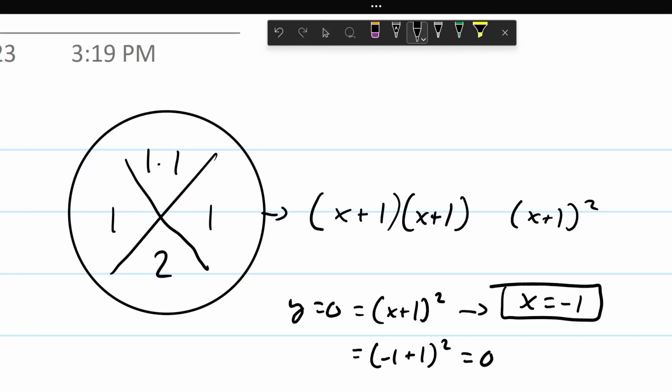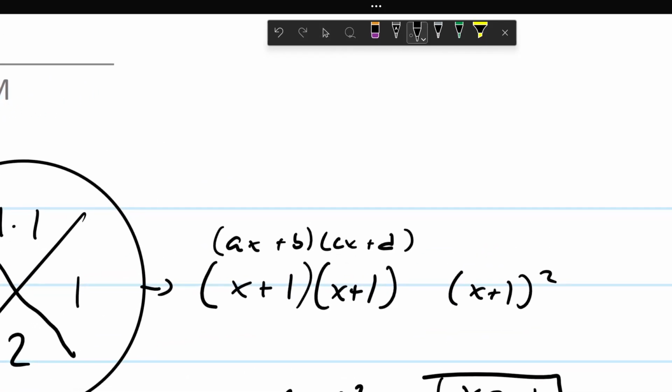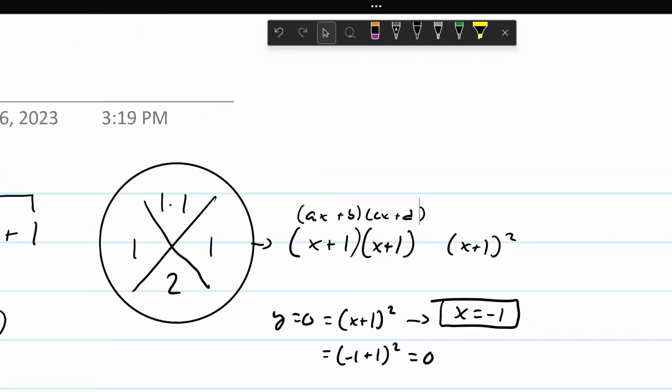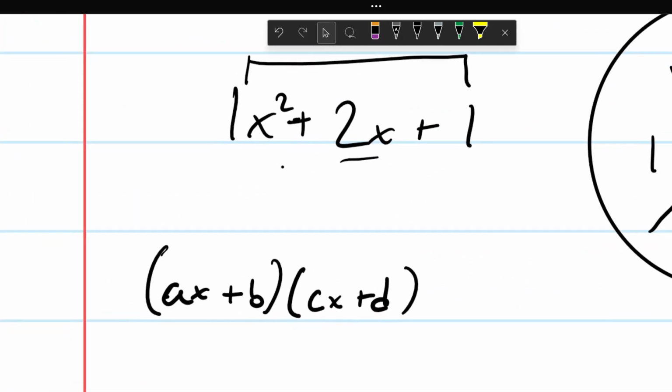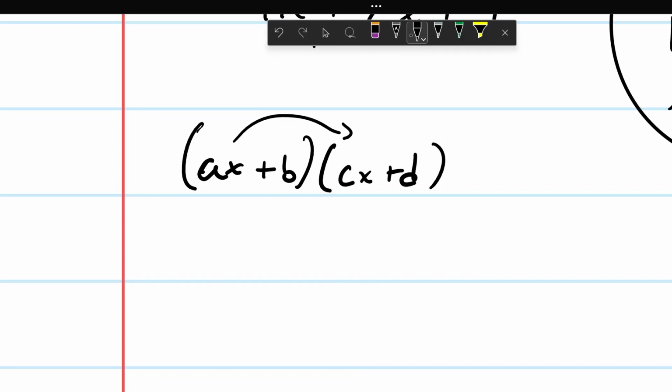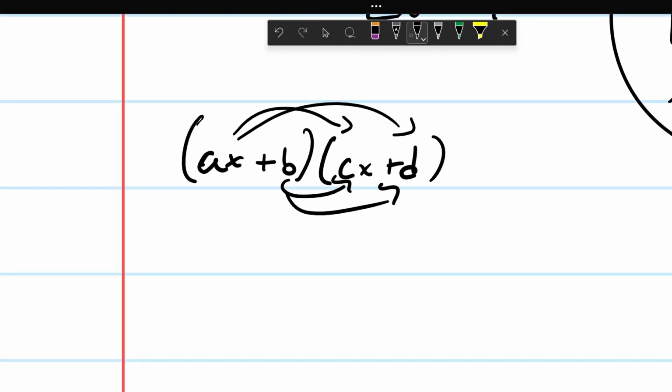In this case, though, let me write it here. A is equal to 1, B is 1, C is 1, and D is 1. It's very, very basic. Let me factor this out. Multiply everything together.